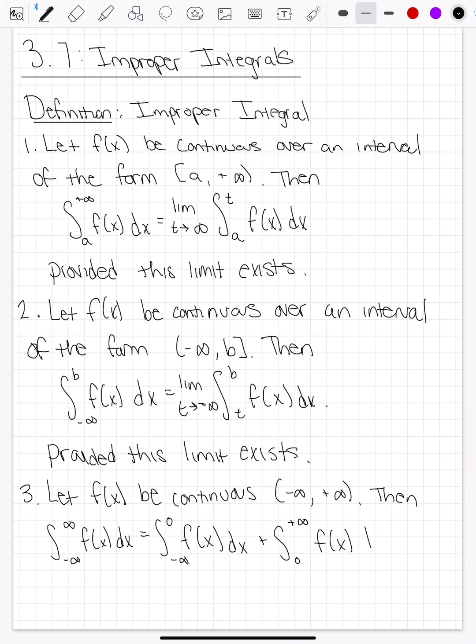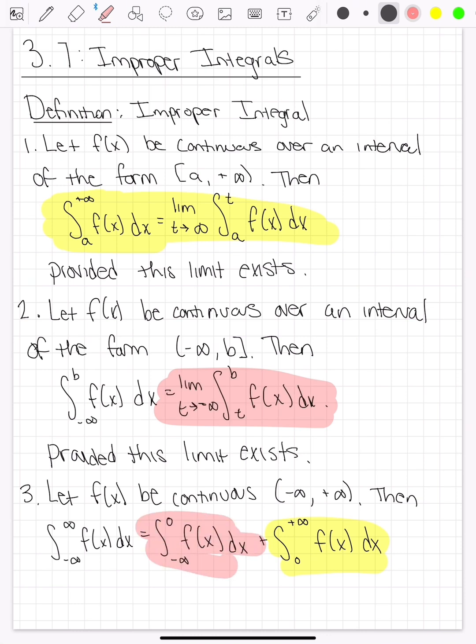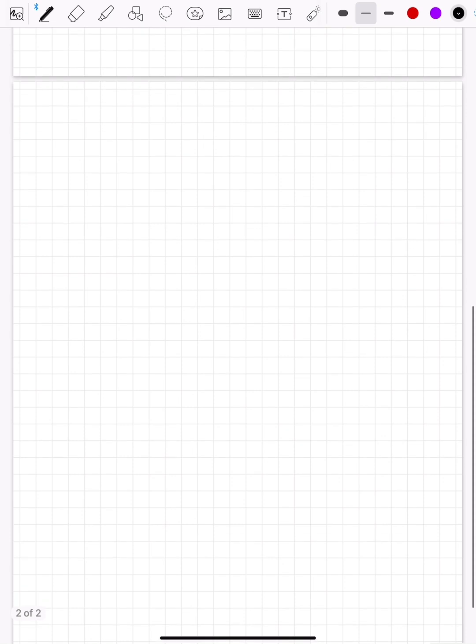And we already learned how to do these kinds of integrals. We're going to use this for this one here, and then we're going to use this for this one here. And then those limits also have to exist.